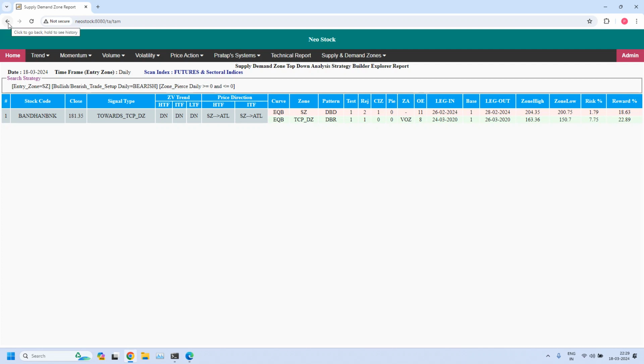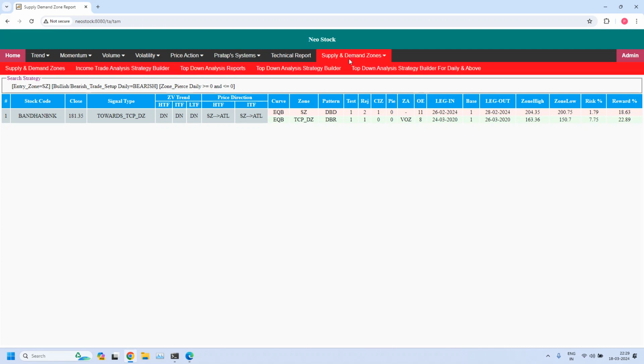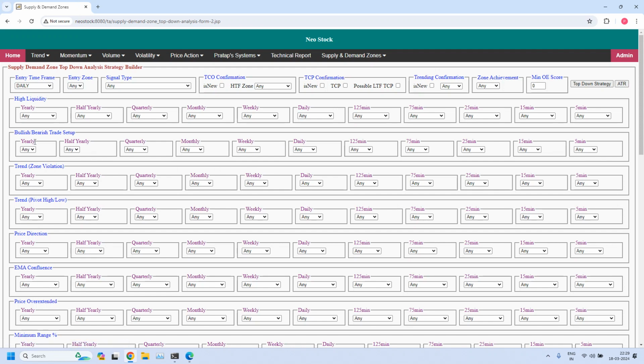So let's go back. Now we will generate bullish and bearish trade setup for a weekly income trade. So entry time frame is weekly and entry zone is demand zone.